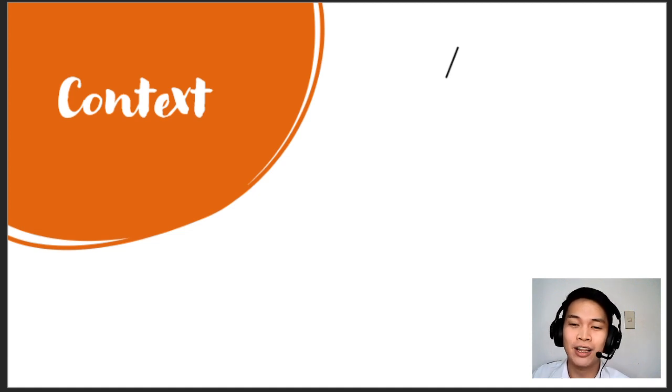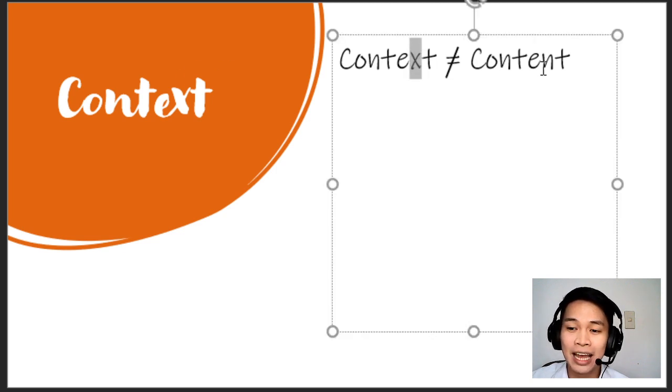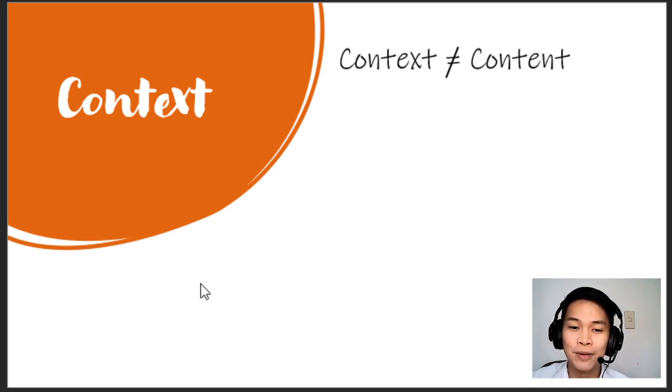Now, a lot of students got confused with the term context and content. Class, these two words are different, okay? They are not even similar. Though there's only one letter, the X and the N, that differs in their spelling, their meaning is really different from one another.